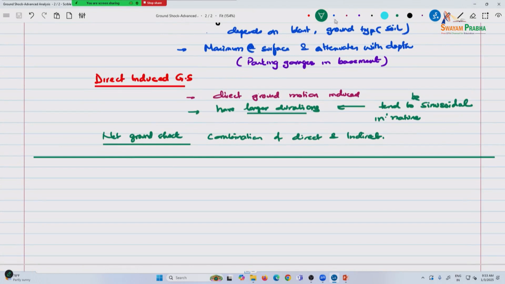So let's look at the relative magnitudes of the two. Of the two, they clearly vary.